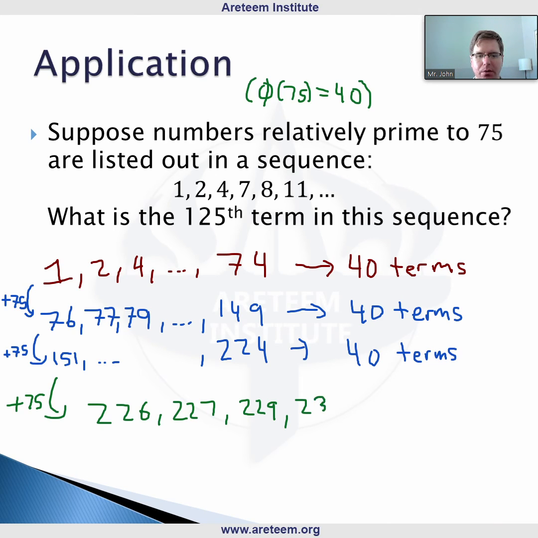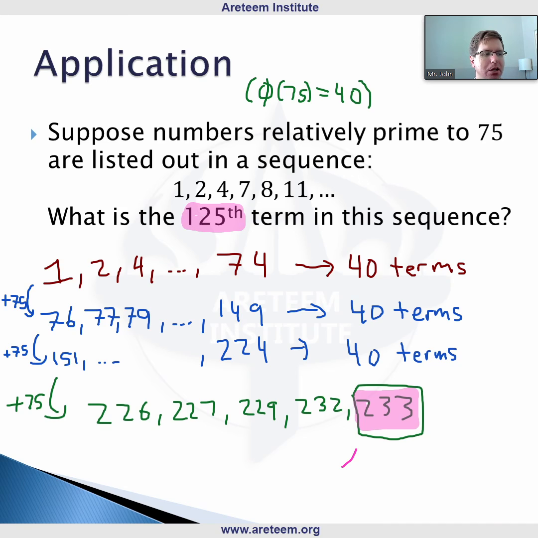So we have 232 and then 233. This one is what we want in this case. This is going to be our 125th term in the sequence. Now I know the numbers worked out nicely in this problem, but I wanted to give this as an example and show you how this pattern helps in general situations where we might be looking for relatively prime numbers and things like that as well.